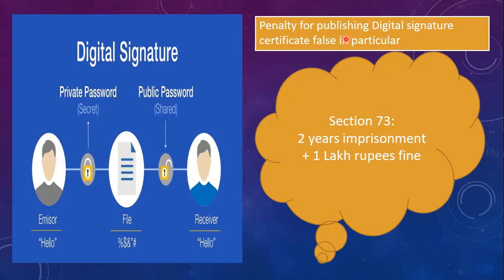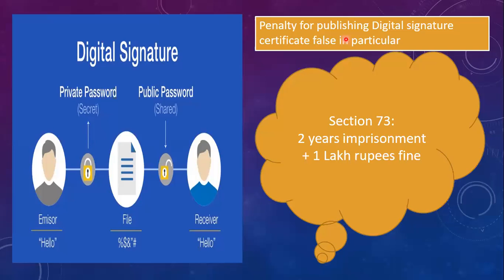We have seen that whenever a digital certificate is published, it is the certifying authority, or CA, that issues it and allows its creation. Now, if someone publishes a digital signature certificate which is false in nature, then he is punishable under Section 73.